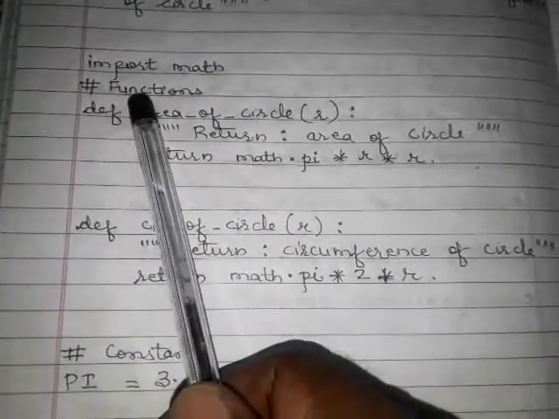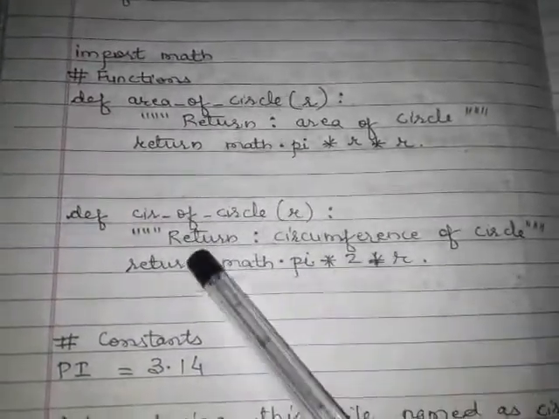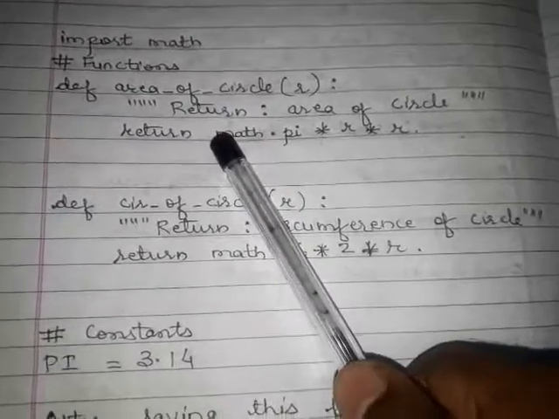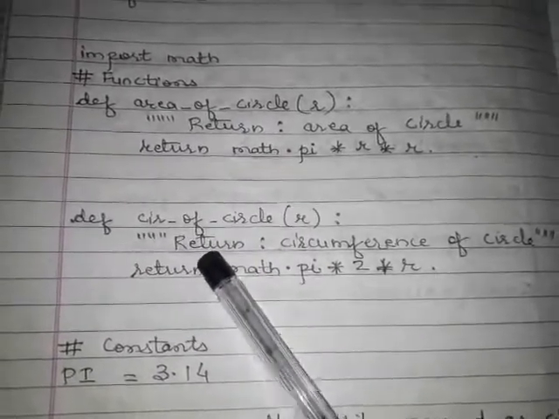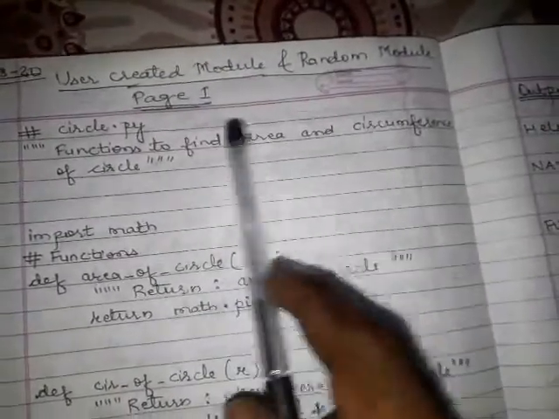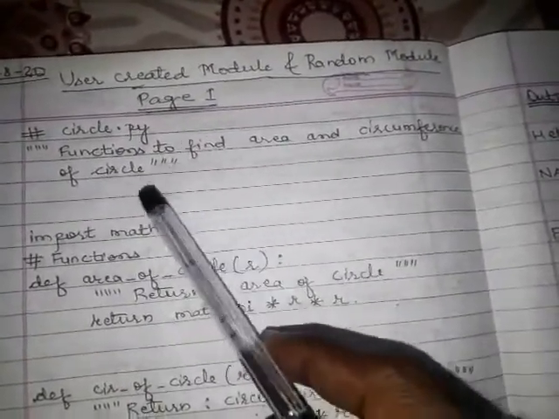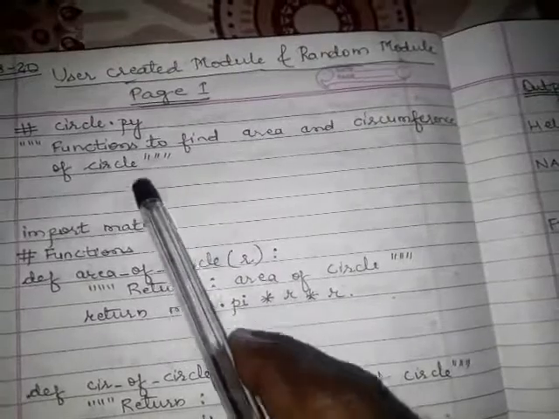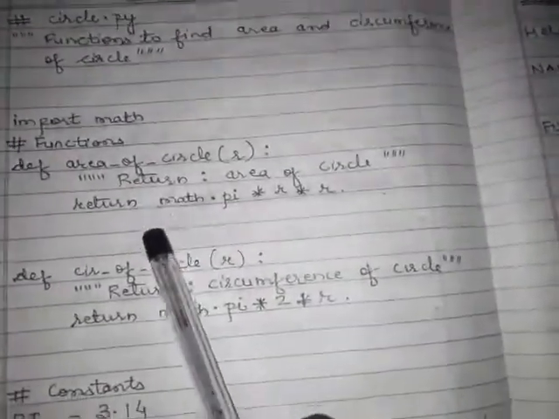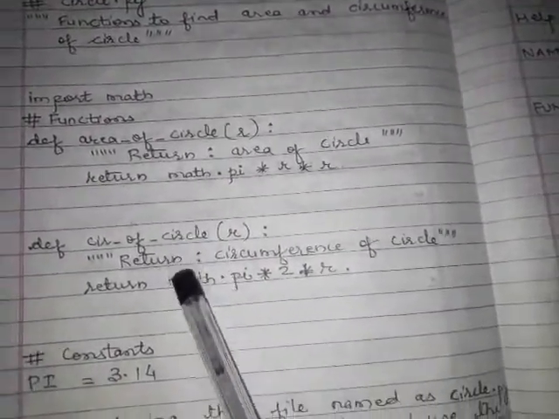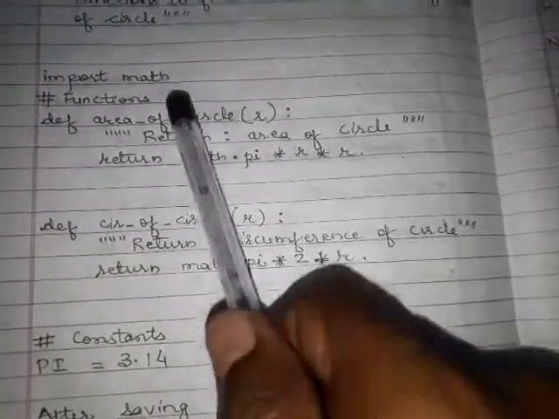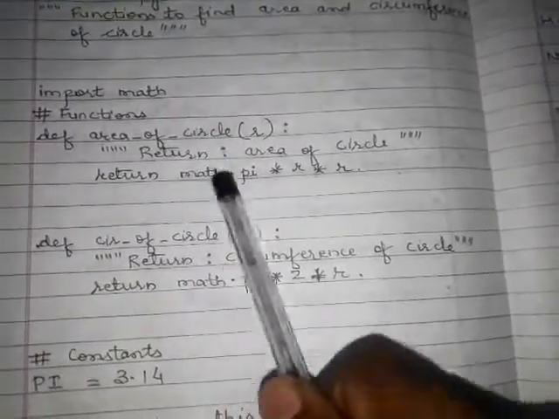So in this function block we have defined two different functions. The first one calculates the area of the circle, the second one calculates the circumference of the circle. And this is the doc string which is used for help purposes. We have left some space for better understanding between different blocks of this module. So these are the two functions, two methods.